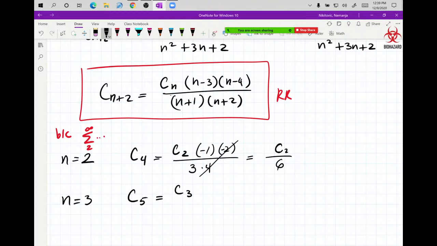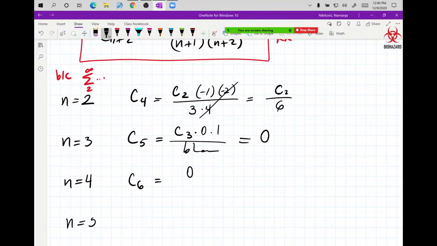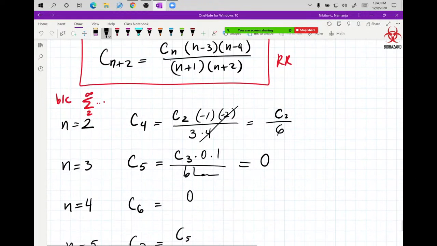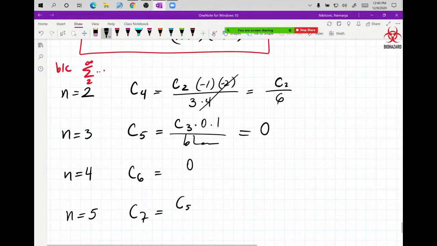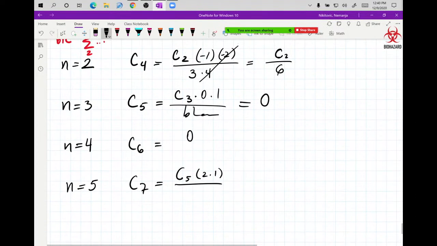C3, and look what we get. 0 times 1 over blah, because that's going to be a big fat 0 there. n equals 4 is C6, and that one also works out to be 0, because you've got n minus 4 up there, 4 minus 4. n equals 5 is going to be C7, which is going to be C5 times, that's a 5, so that's going to be 2 times 1 over 6 times 7.